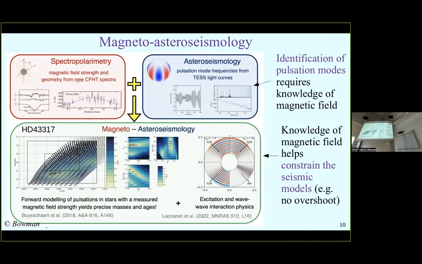So to summarize, we combine spectropolarimetry with seismology, so spectropolarimetric data with seismic data, and then we can do a magneto-asteroseismic model. And this model is much better constrained when there is a magnetic field, because, for example, if the magnetic field is stronger than a certain critical value, we will know that the overshoot should be 0. There will be no overshoot when there is a strong field.